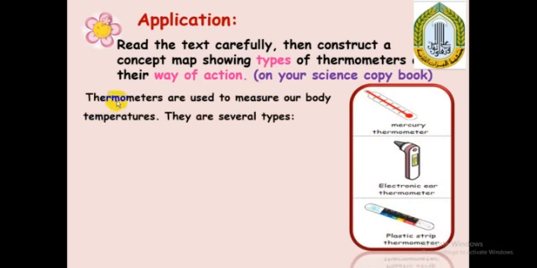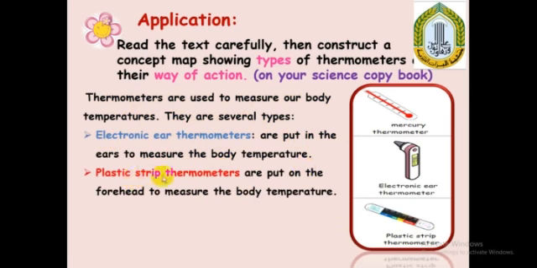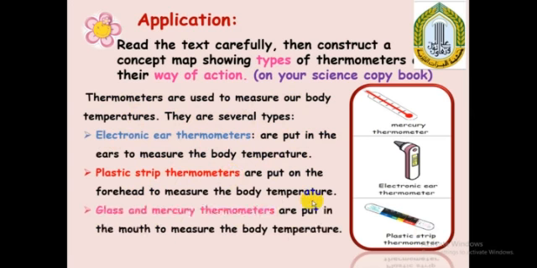Excellent. So thermometers are used to measure our body temperature. They are of several types. The electronic ear thermometers are put in the ears to measure the body temperature. The plastic strip thermometers are put on the forehead to measure the body temperature. We have a third type. The glass and mercury thermometers are put in the mouth to measure the body temperature.